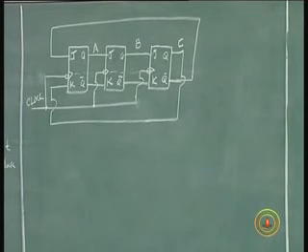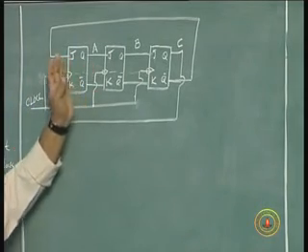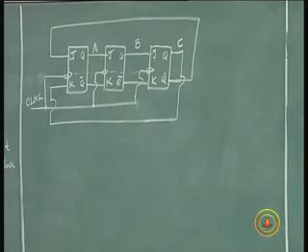Now this is a shift register in the sense that the output of this gets shifted in every clock pulse, this output goes into this, this output goes into this. That's why it's a shift register.